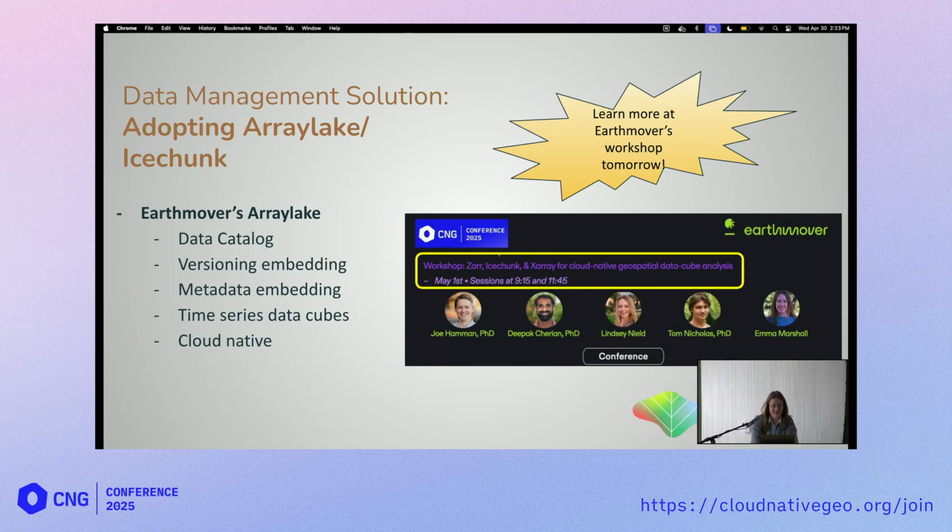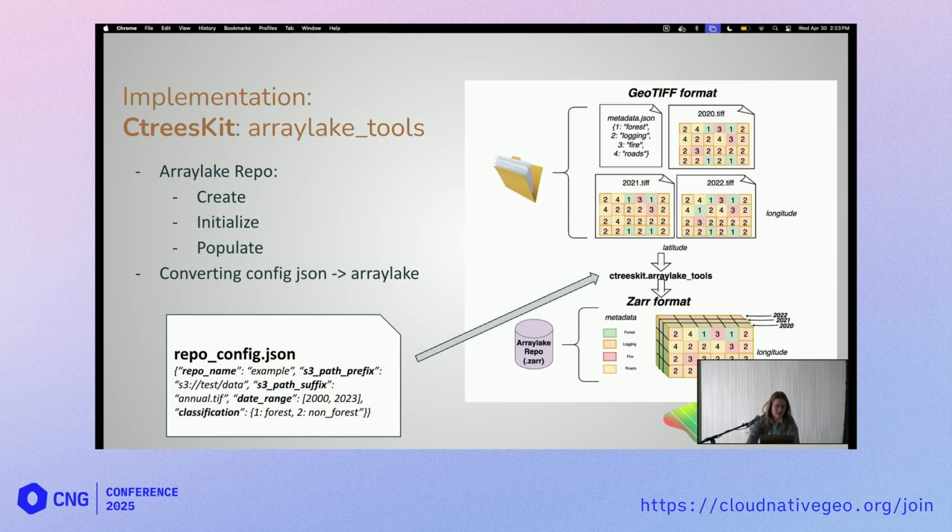So what this looks like in practice at C-Trees is the one way that I could get this to work for us was to put it in a pip package, because all of the scientists are okay with running a function in a pip package.